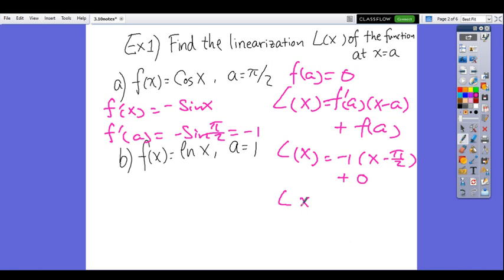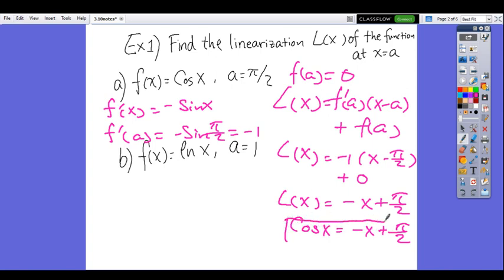So the way to approximate this function with any number is negative x plus pi over 2. So we can say that cosine of x is approximately negative x plus pi over 2. Try to box it.